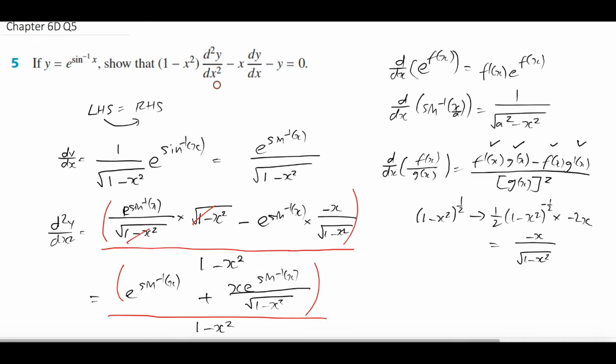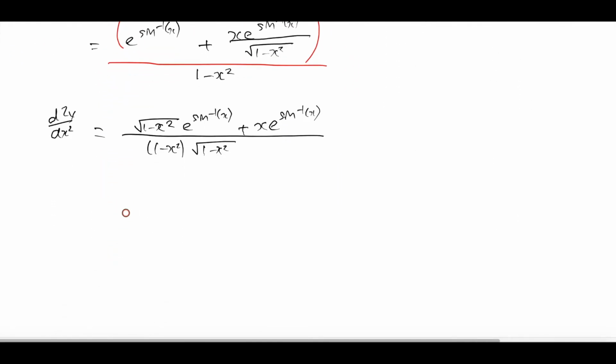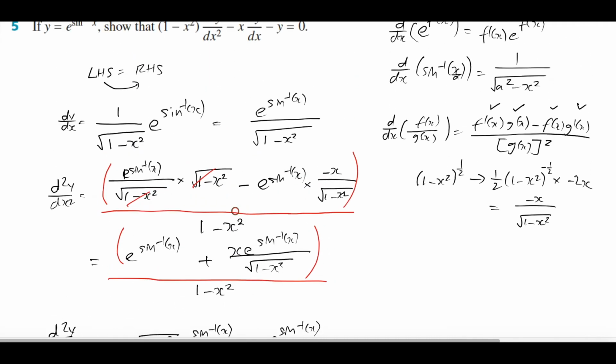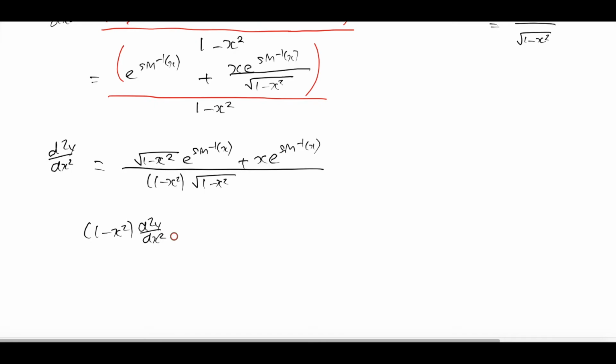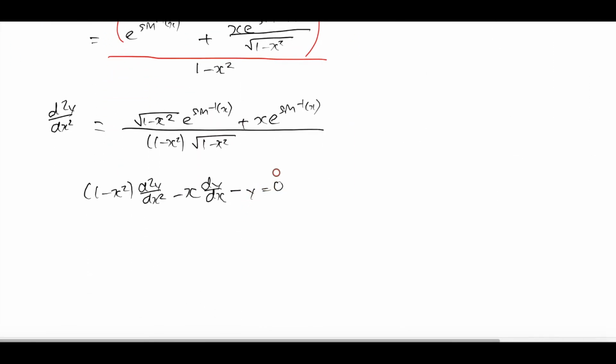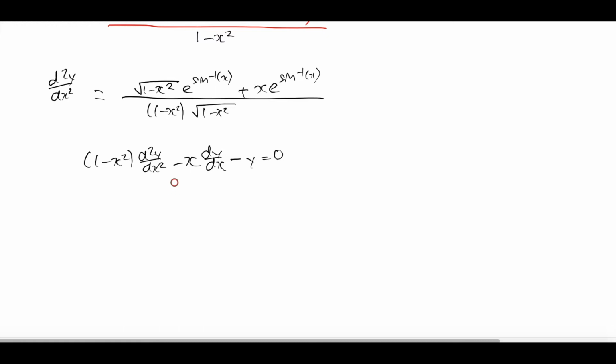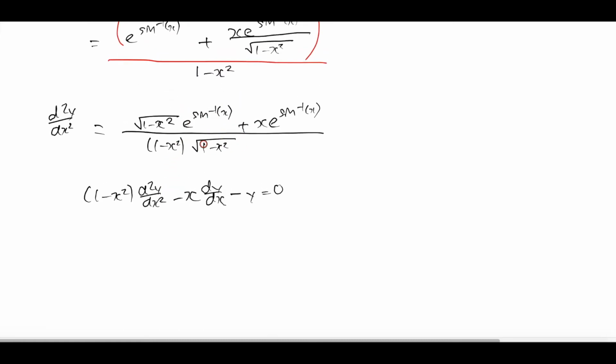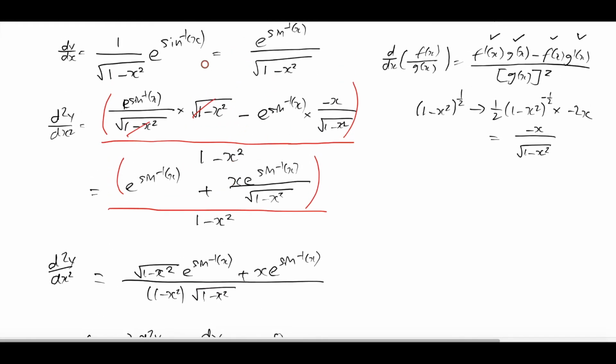Okay, 1 minus x squared, I'll just write that down. Again, 1 minus x squared d squared y dx squared, and then it is minus x times dy dx, and then it is minus y equals 0. Okay, we know that the second derivative is this big expression right here, and then dy dx is that expression up here.